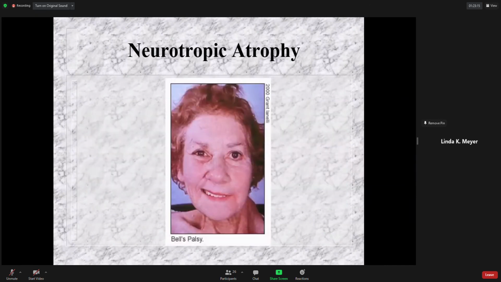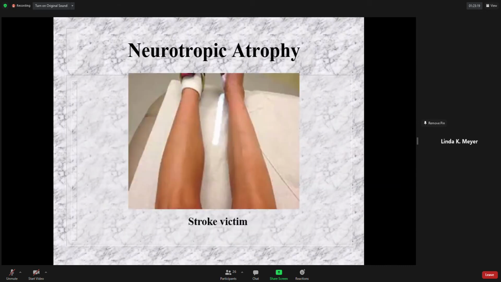Here's another. Another example would be like if a stroke victim would lose the neurologic stimulation, and you can see one of these, this leg is smaller on the patient's right.